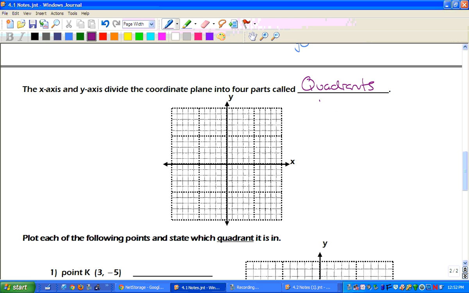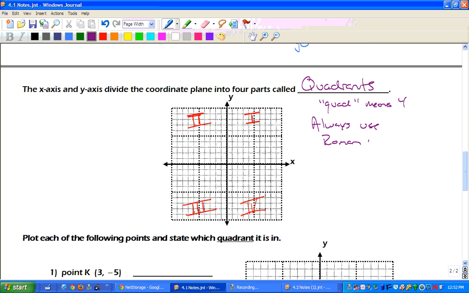Some of you guys might know this, but the word quad means 4. Now, the way they are numbered is this is quadrant 1, quadrant 2, quadrant 3, and then quadrant 4.